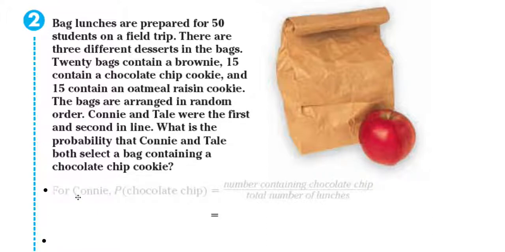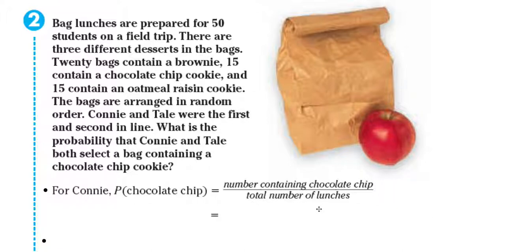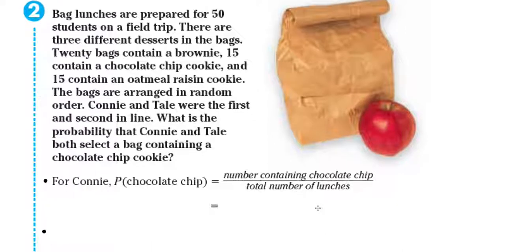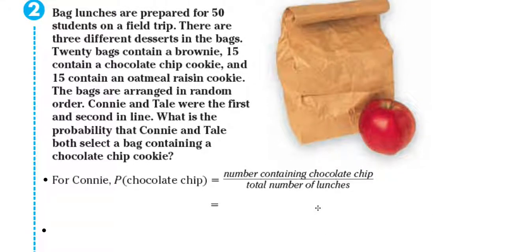So for Connie to choose a chocolate chip cookie, it will be equal to the number of bags containing chocolate chip over the total number of lunches. We know the number of bags containing chocolate chip in this case would be 15. It says it specifically here that 15 contain chocolate chip cookie.